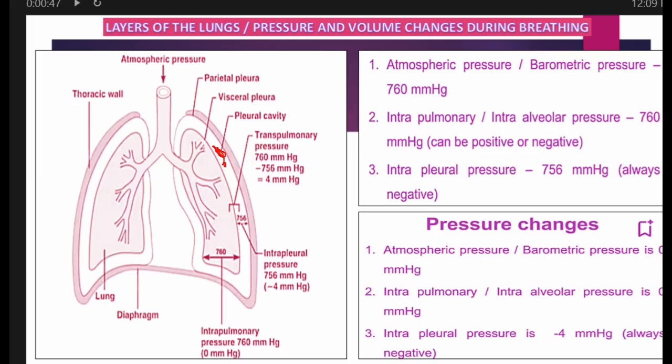Subheading: respiratory pressures. In humans, there are several respiratory pressures, which include number 1, atmospheric pressure.